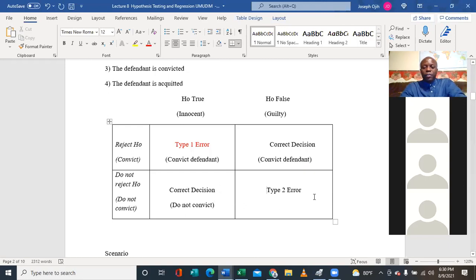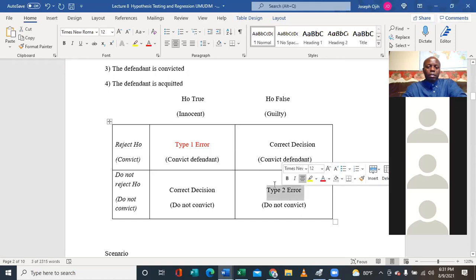But suppose the defendant is guilty, and they were released because there was not enough evidence to convict them. That means the jury has committed type 2 error by not rejecting a incorrect hypothesis.